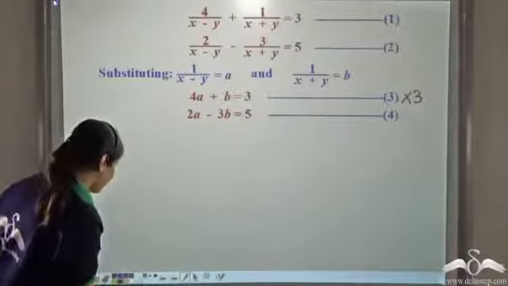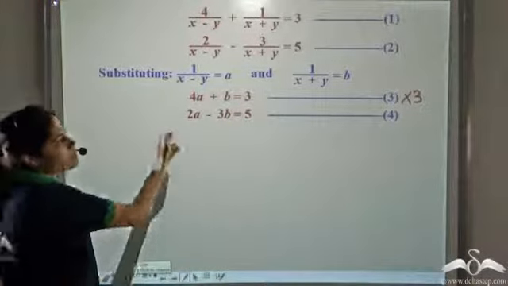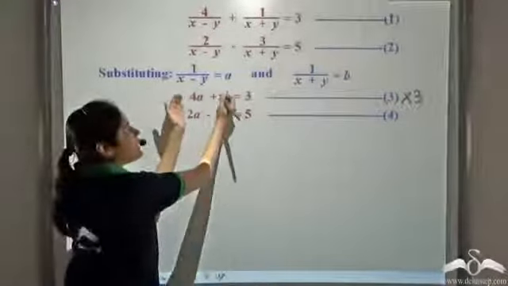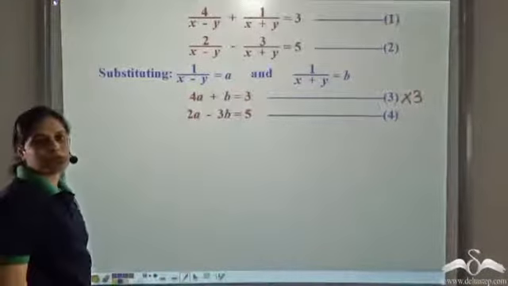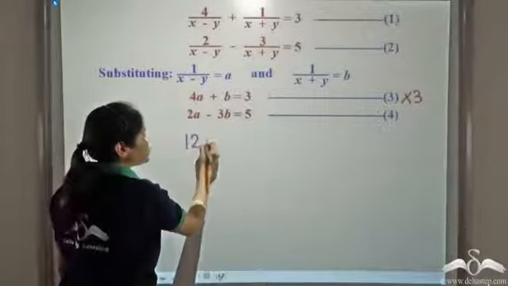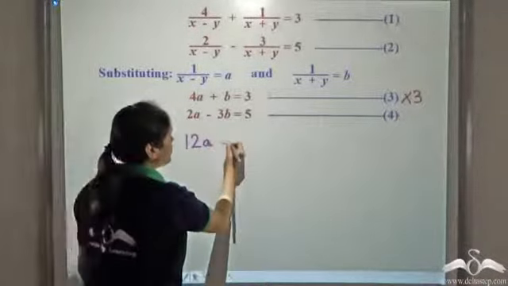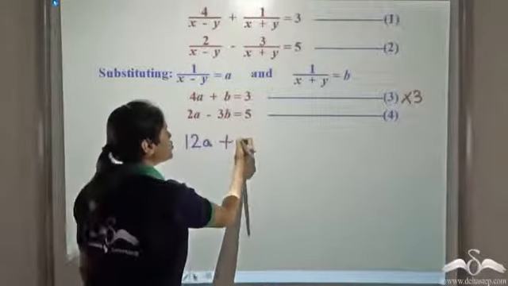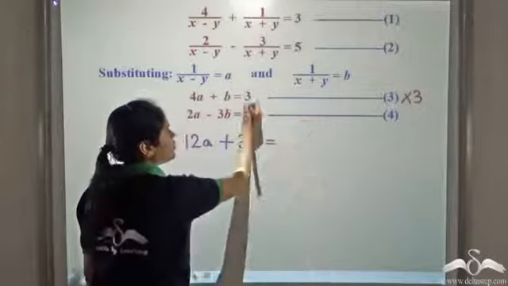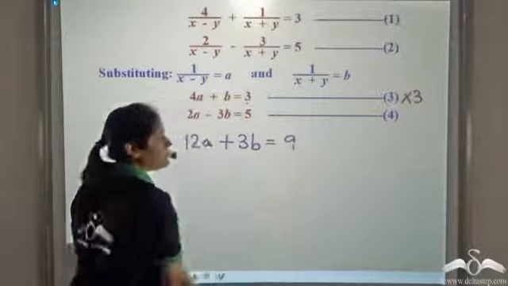So now let us rewrite these equations. We multiply equation 3 by 3. That is, we multiply both the sides of this equation by 3. 3 into 4a gives 12a, plus 3 into b gives 3b, equal to 3 into 3 is 9.